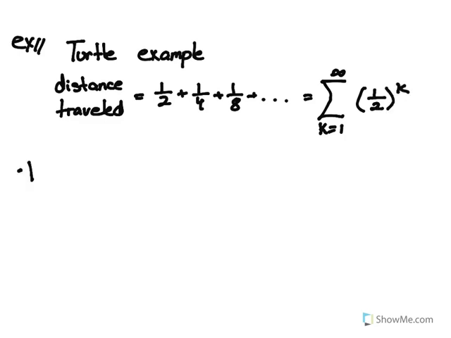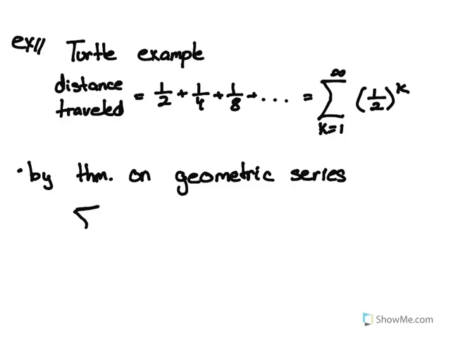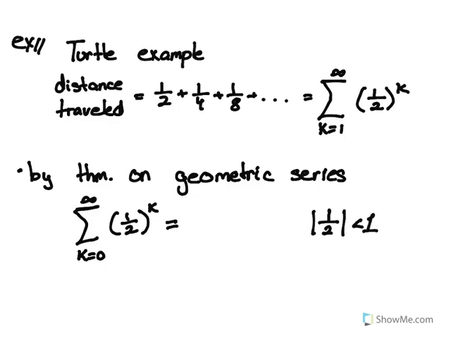Now by the theorem on geometric series, we know that the series of 1/2 to the k, starting at k equals 0 to infinity, is equal to, because the magnitude of 1/2 is less than 1, 1 over 1 minus 1/2, which is of course equal to 2.